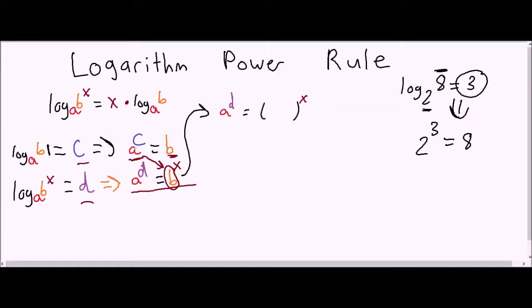But in our case, b is equal to a to the power c. And using our exponent rules, we can simplify this to say that a to the power d equals a to the power c times x.